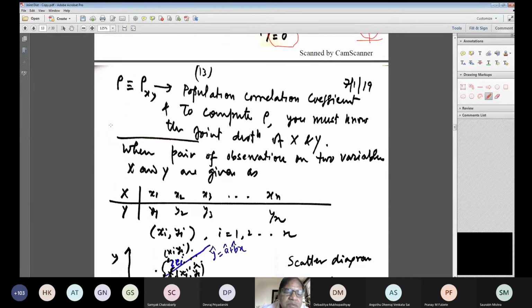Now in statistics, we have two different symbols. One, we use capital rho to indicate the correlation coefficient between X and Y, and it is known as the population correlation coefficient. Basically, there is a concept of the population and the sample in statistics.